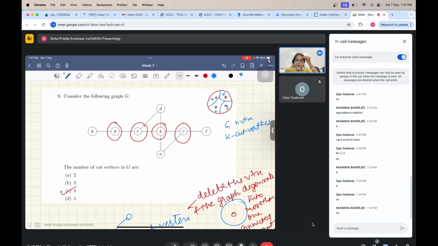I'm just posing natural questions at this point. The answer to this may or may not be simple. I don't know. I'm just asking whatever comes naturally. So what is the number of connected components? You can think about this.